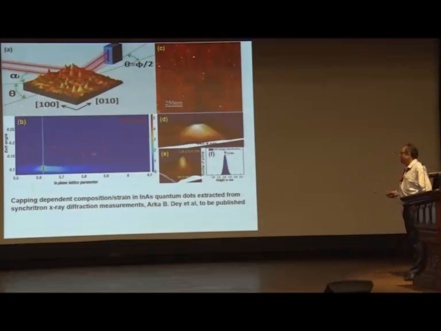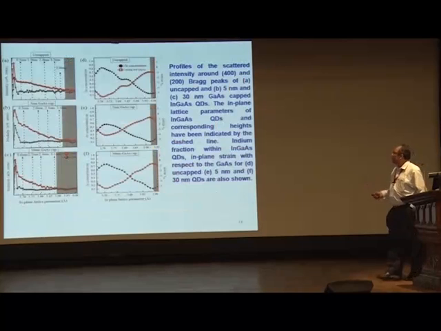And similar measurement which Manjula did, but now we have better control, so that all the information which is coming from X-ray can be cross-checked with AFM and can be cross-checked with the PL, and this we just submitted for publication.